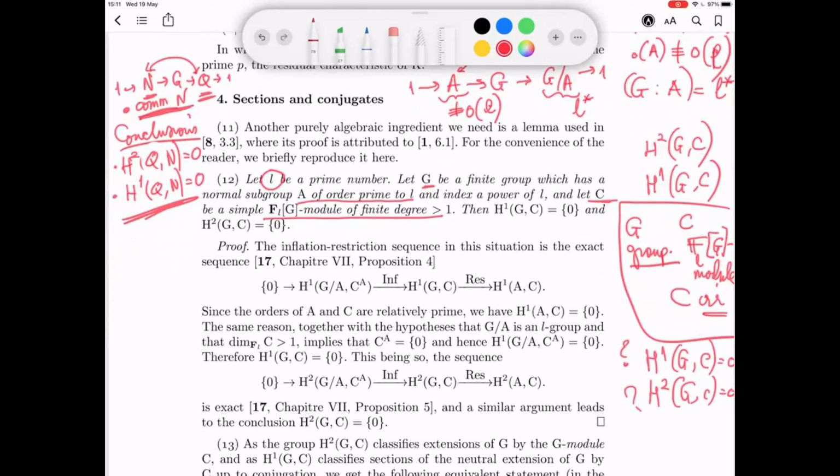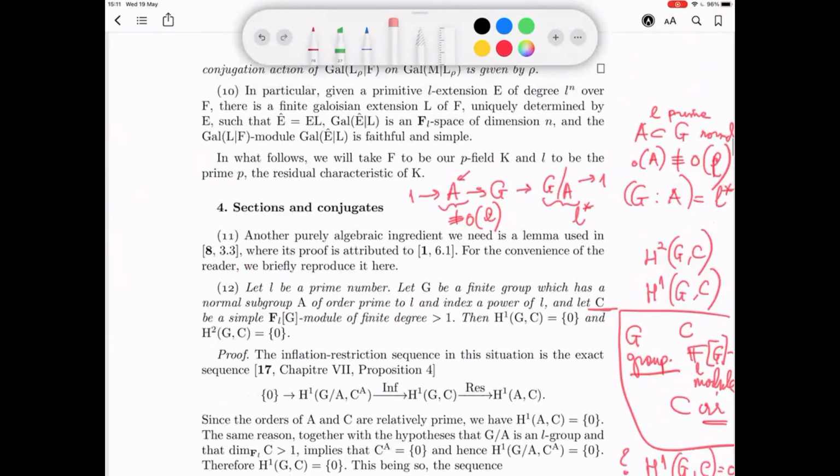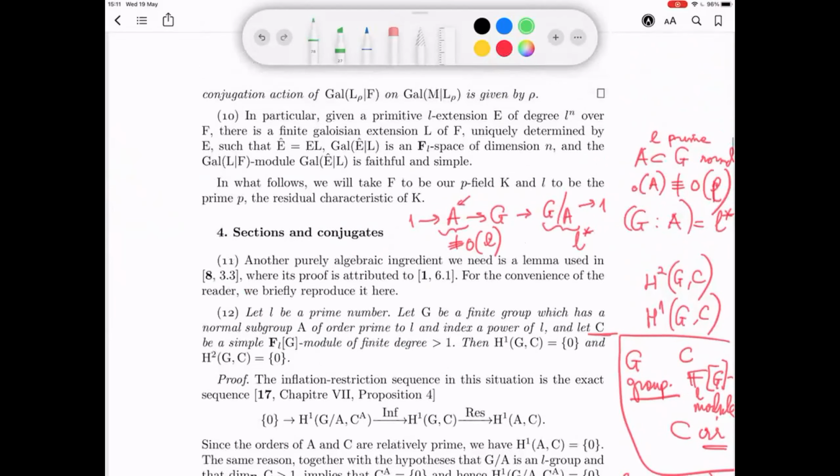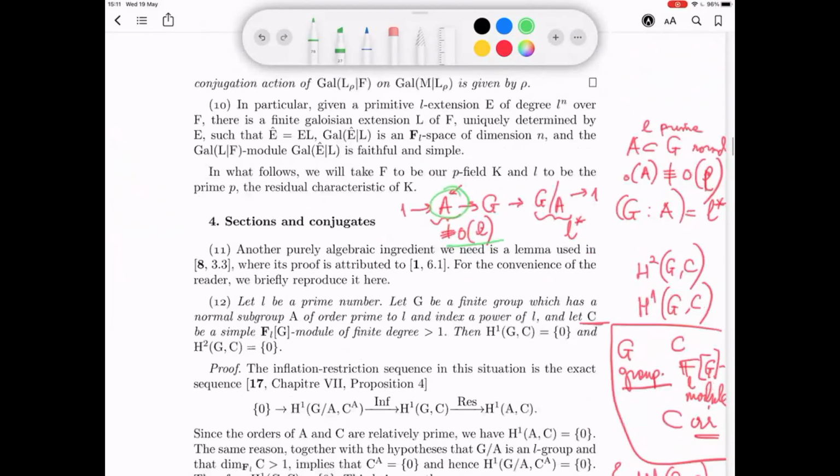And this statement here gives you one condition under which this happens. So what is that condition? Here it is. The condition is that G has a subgroup A, which is normal, of order prime to L. This L is given to me, right?